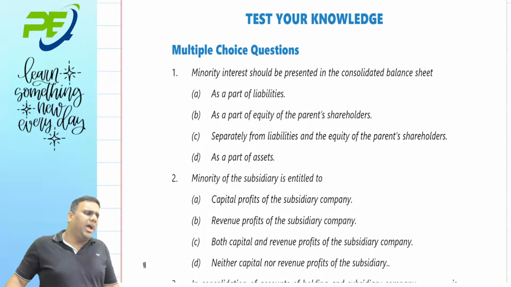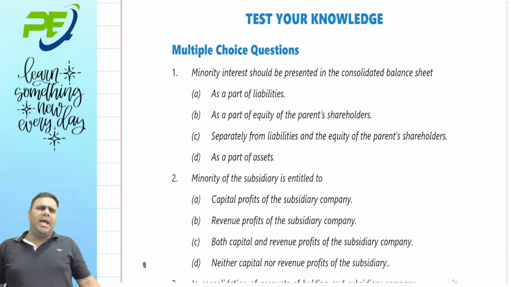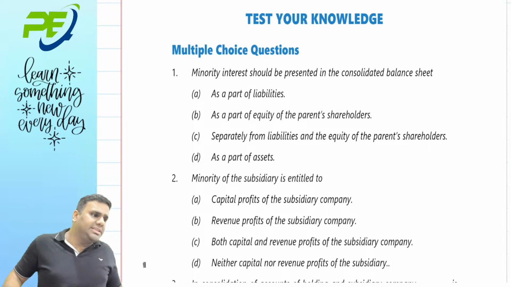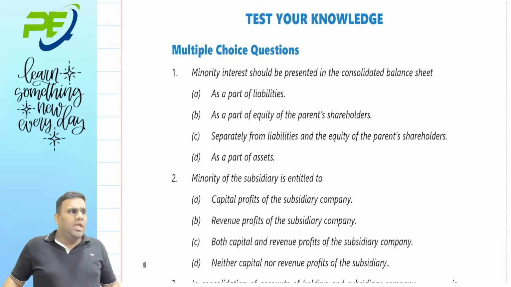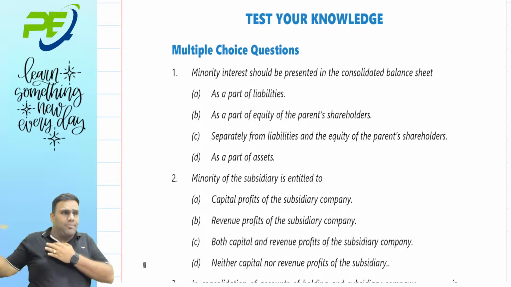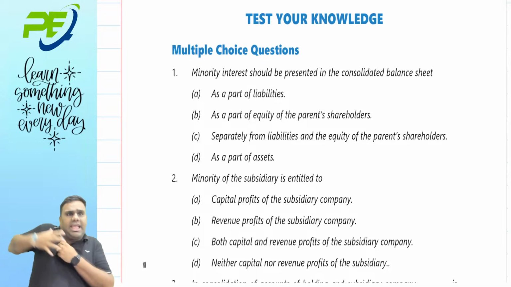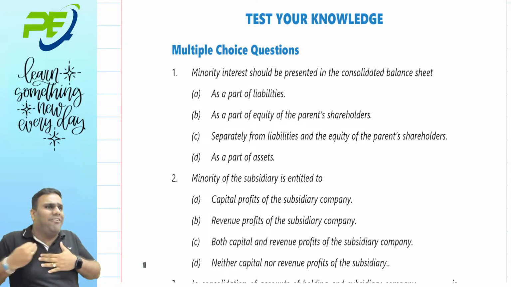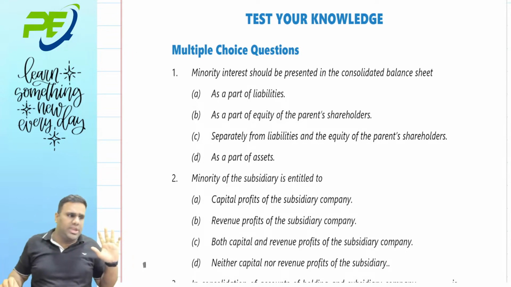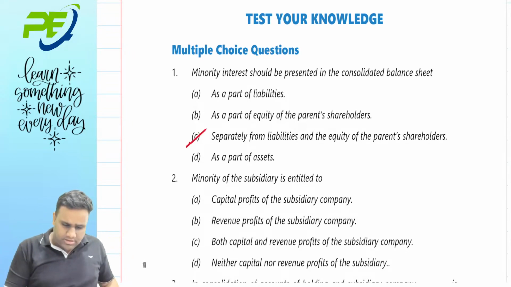Now one doubt, why are we showing minority interest on the liability side of balance sheet? Because we are taking the entire balance sheet of the subsidiary, holding company is taking the entire balance sheet, but only 70-80% is theirs. The remaining part is minority. That is why we are showing it as liabilities.